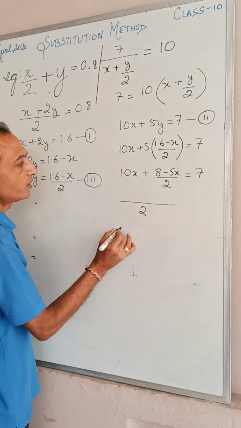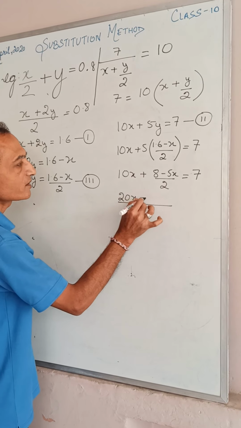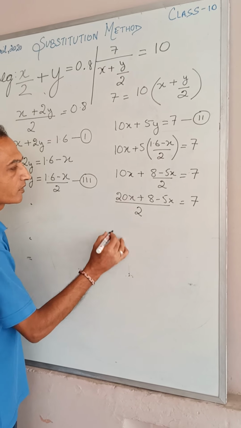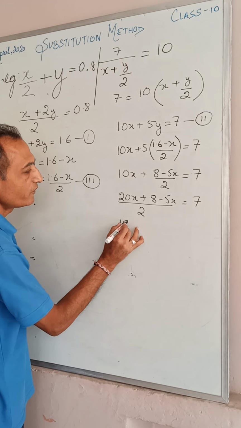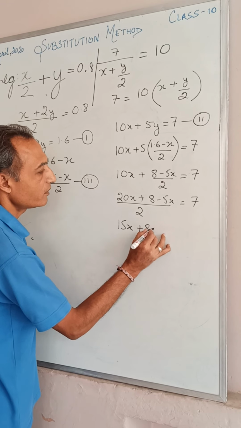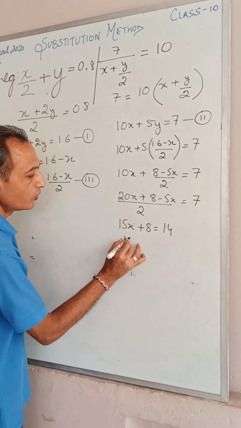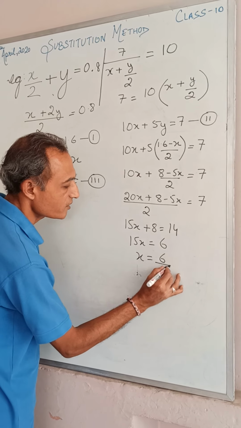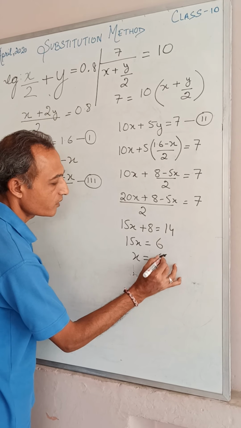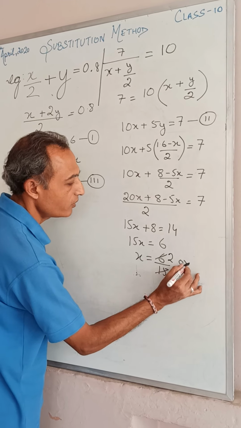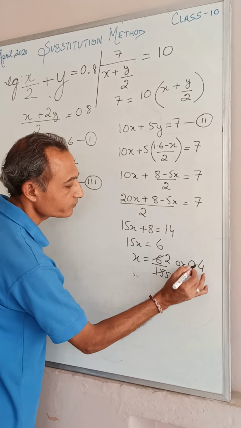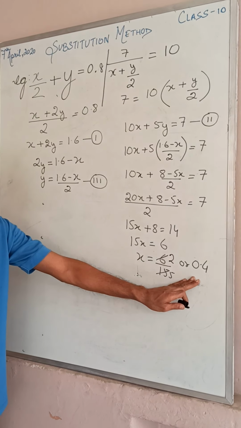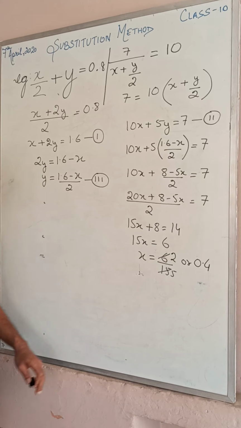It will be 2, and therefore I'll get 20x plus 8 minus 5x equals 7. On simplification, I get 15x plus 8 equals 14, or 15x is 6. X is equal to 6 upon 15, which gives me 2 upon 5, or 0.4. It is not compulsory that I should change the given answer in decimal. It can be in fraction as well.